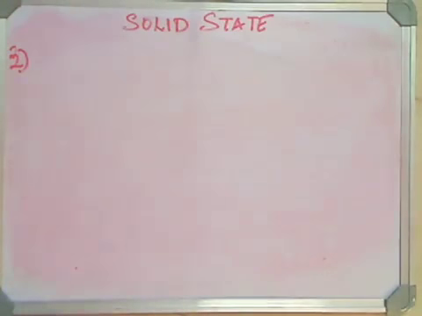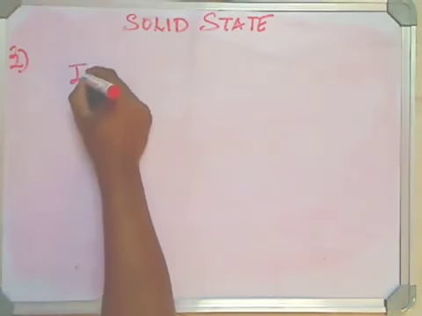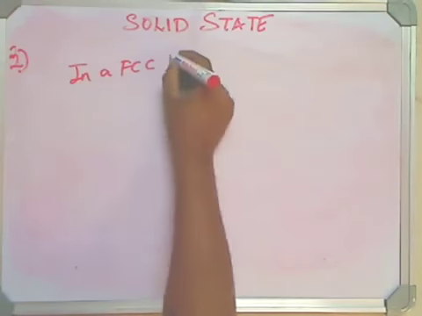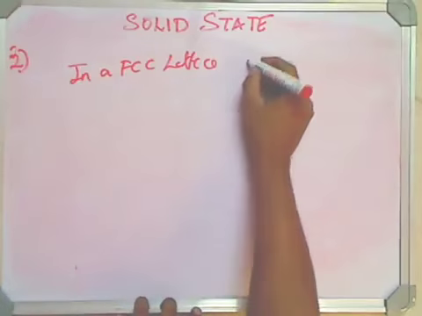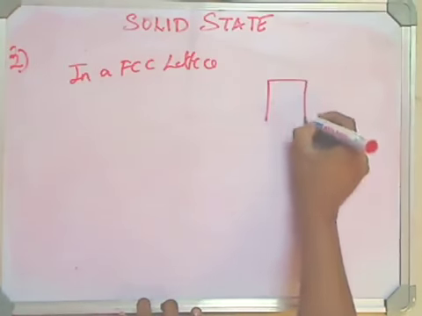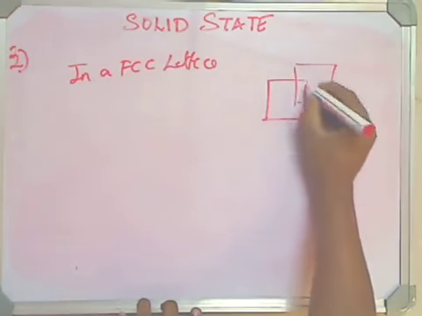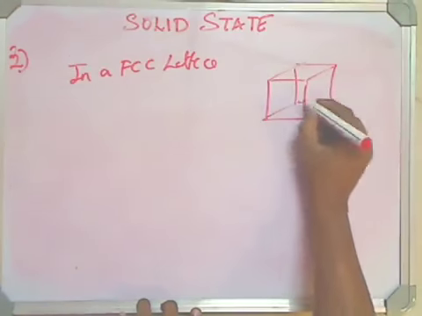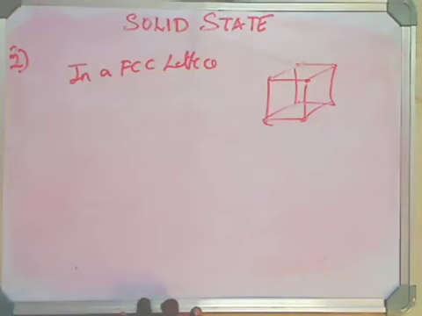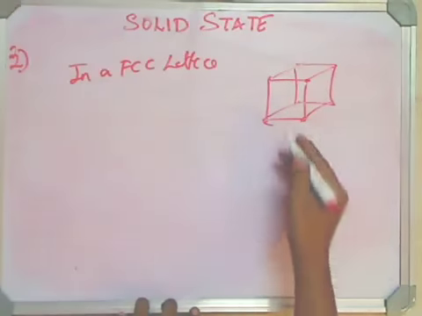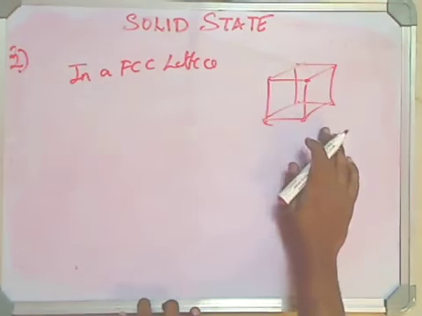In a FCC lattice, you have 4 atoms which are present here: 1, 2, 3, and 4. There are more in these points, but we will not consider them.